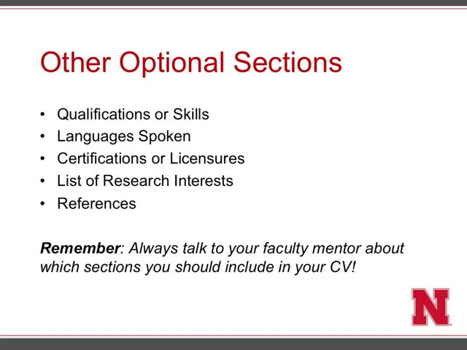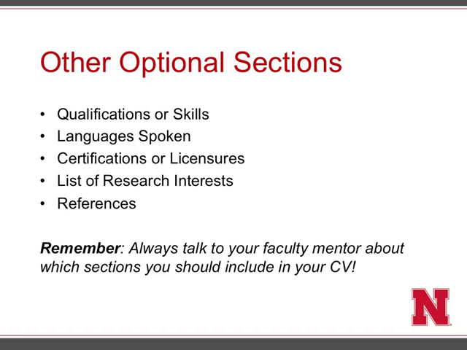Third, you might be expected to list different certifications or licensures on your CV. For example, a computer science student might earn his or her HTML web developer certificate, or a nutrition student might become certified in fitness nutrition. Fourth, it is normal in some domains to provide a brief, bulleted list of the research topics that you're interested in.